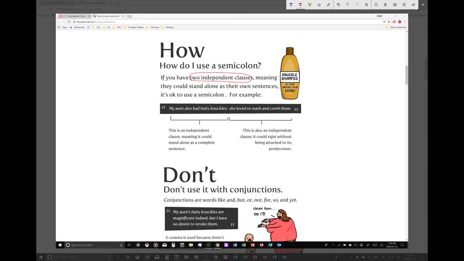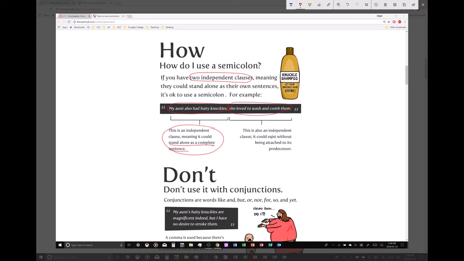Look at the sentence below. My aunt also has big hairy knuckles. She loved to wash and comb them. So which one is clause 1? If you said my aunt also has big hairy knuckles, that's correct. That's the first independent clause, which means you can read it as a separate sentence. Where do you think the second clause is?